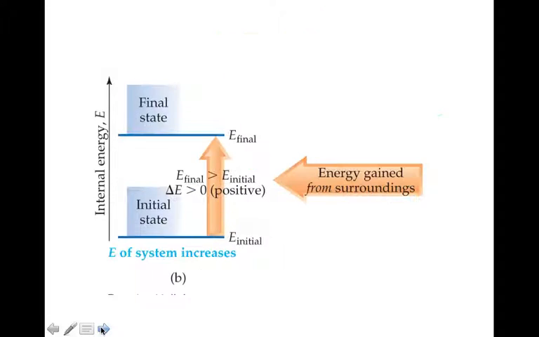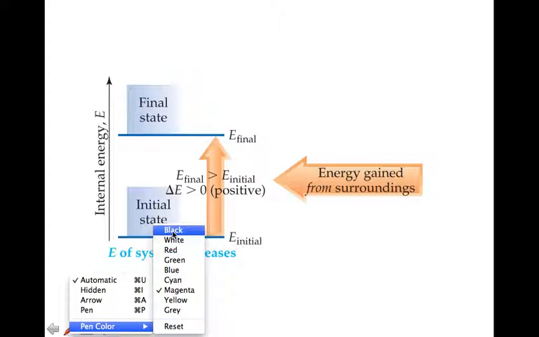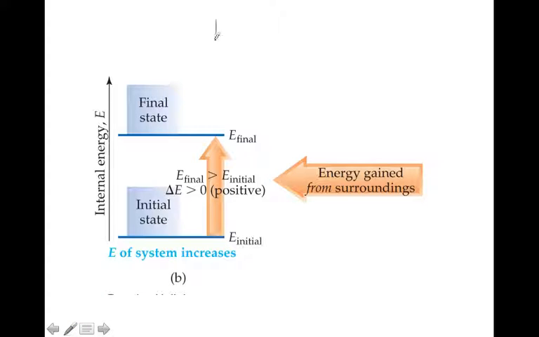Now the opposite happens when your initial state is less than your final state. If it was reversed from the other example I just gave you, delta E is equal to E final minus E initial.